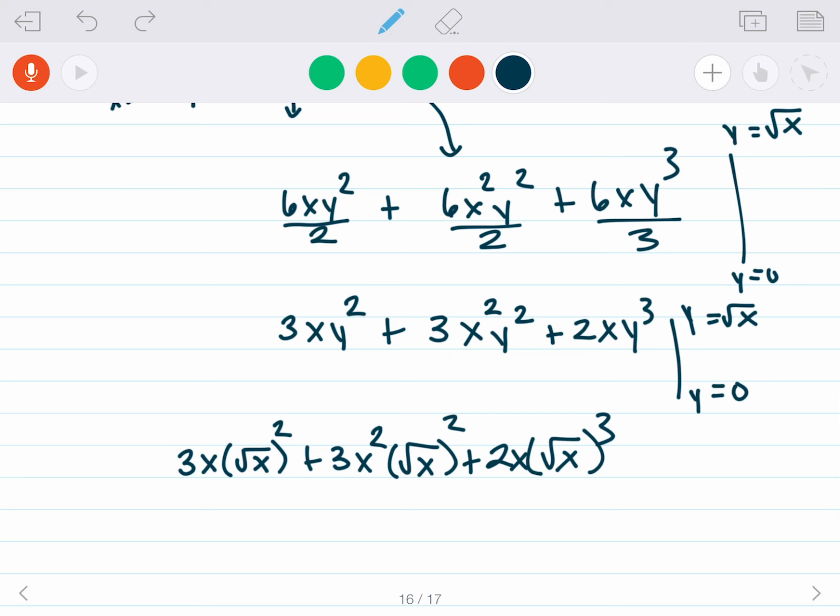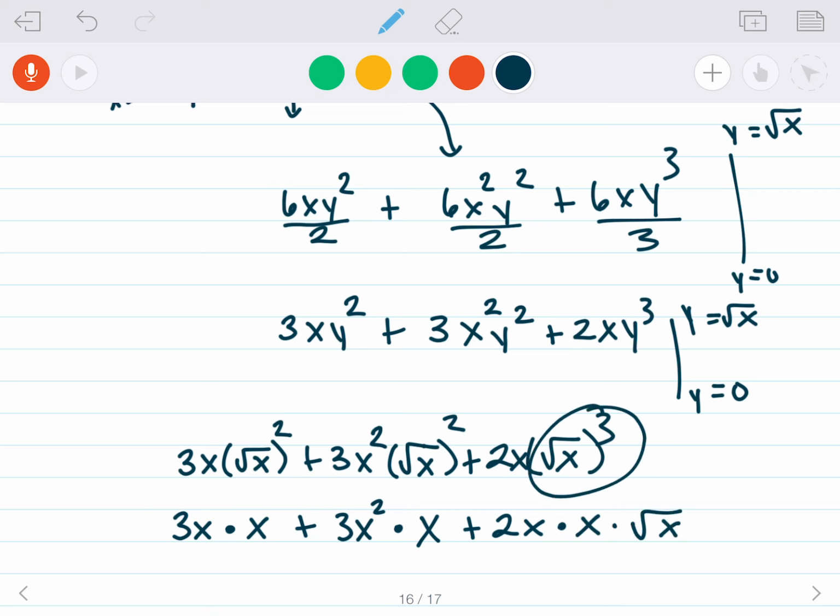All right, let's clean it up. So 3x radical x squared is just x, so that's 3x times x, plus 3x squared, again, radical x squared is just x, plus 2x, so radical x squared is x, so this is going to be times x times radical x. Right, because radical x squared is just x, so we have x times the leftover radical x.